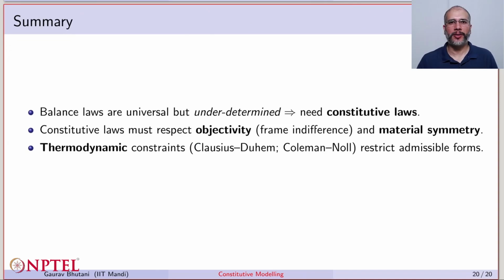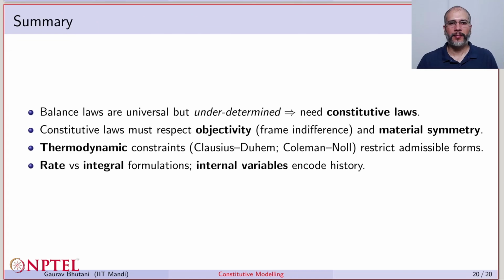And then we discussed that these chosen models must not contradict the second law of thermodynamics. And we discussed the Coleman-Noll procedure, which allows us to test for the admissibility of a chosen constitutive model based on the second law of thermodynamics. Finally, we mentioned that these laws need not be instantaneous. It can also depend on the history of loading, which is typically incorporated as internal variables in the constitutive model.